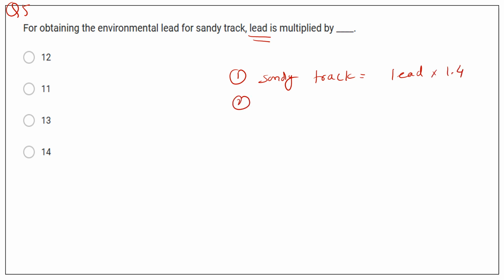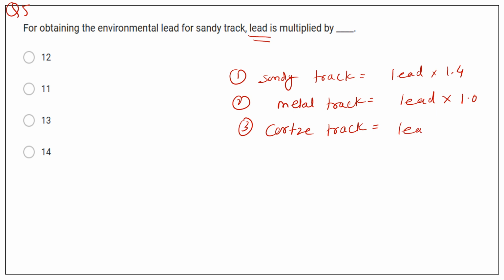Then the second condition is metal track. In metal track, the lead is multiplied by 1. Third is cart track. In cart track, the lead is multiplied by 1.1.